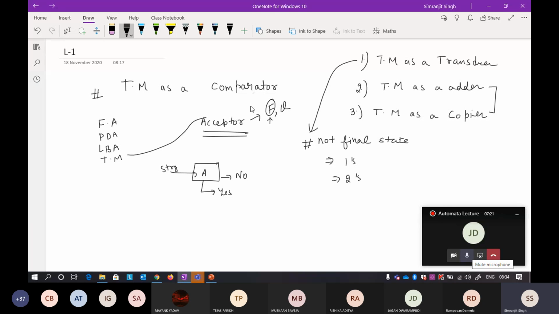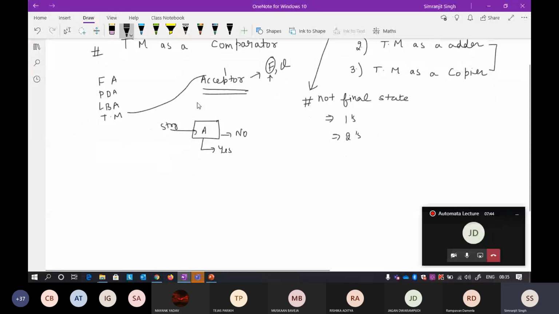Because the standard purpose of a standard Turing machine is accepting a particular string, if it is acting as an acceptor, there will always be a final state. But if it is acting as a different thing, there may or may not be a final state. So keep in mind, for an acceptor we always get a final state, but if a particular thing is not an acceptor, there will not be a final state.